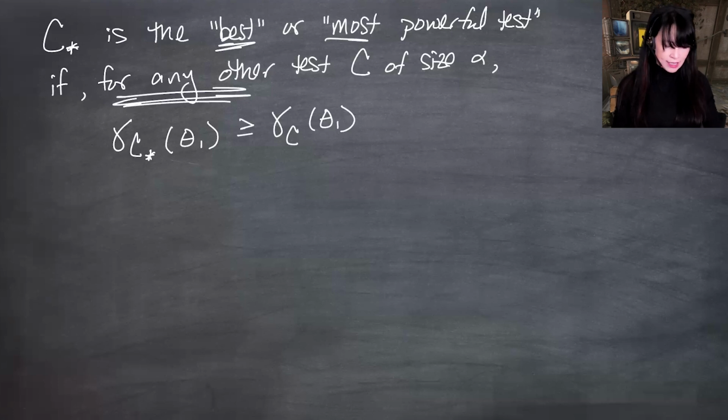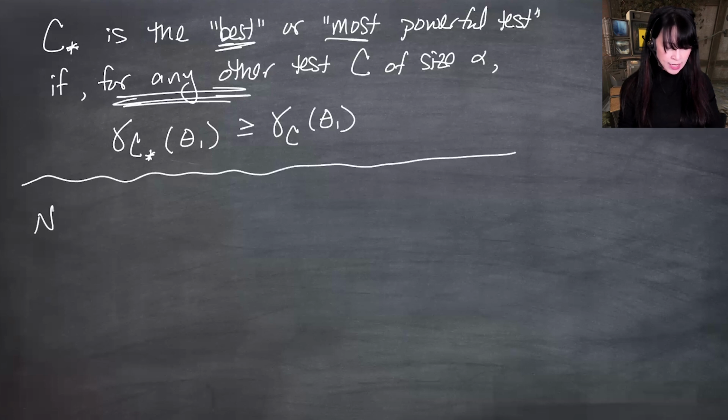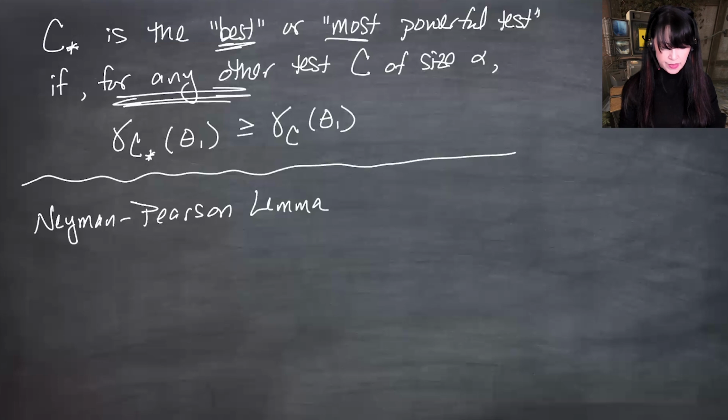So we figured out last time how to come up with such a test, and we used the Neyman-Pearson Lemma, which we applied last time, and we were just getting started on proving it, so that's where I want to pick this up.